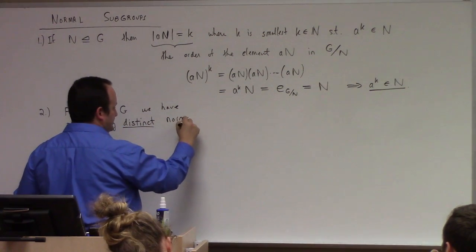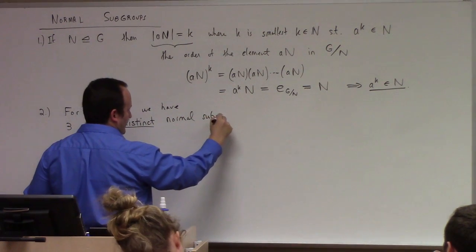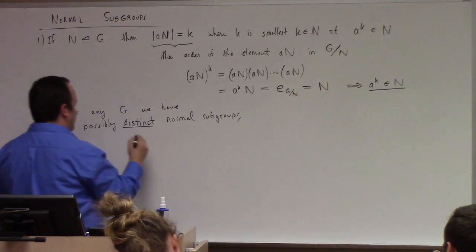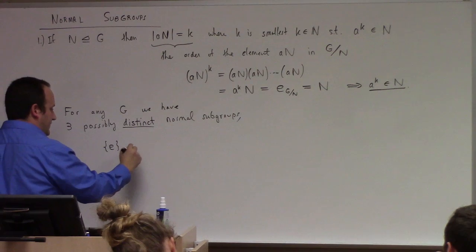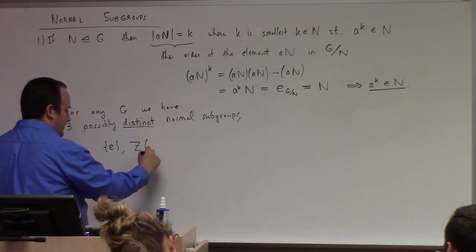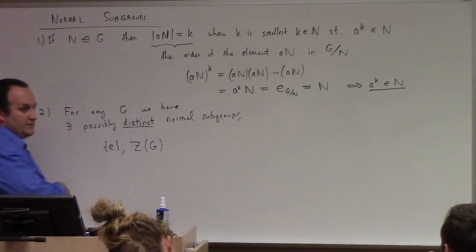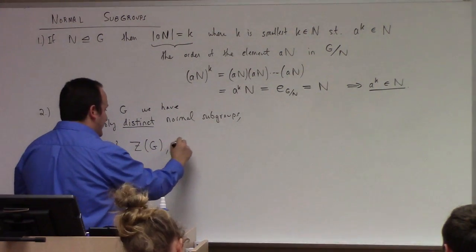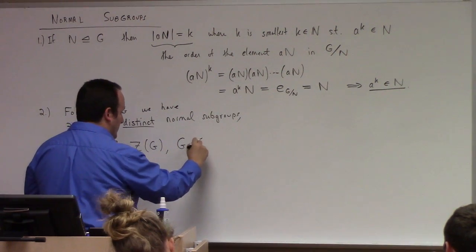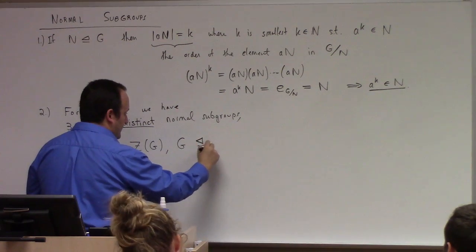So what are those? I would point out E, the set just containing the identity. The center, we talked about that before, right? The center of the group, the set of elements which commute with all other elements. And G itself. These are all normal subgroups of G.